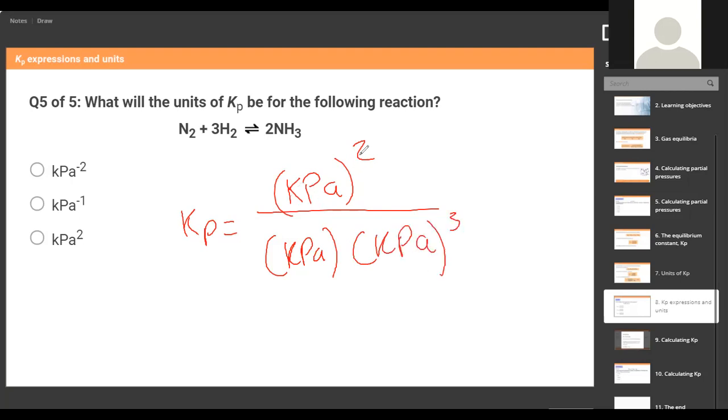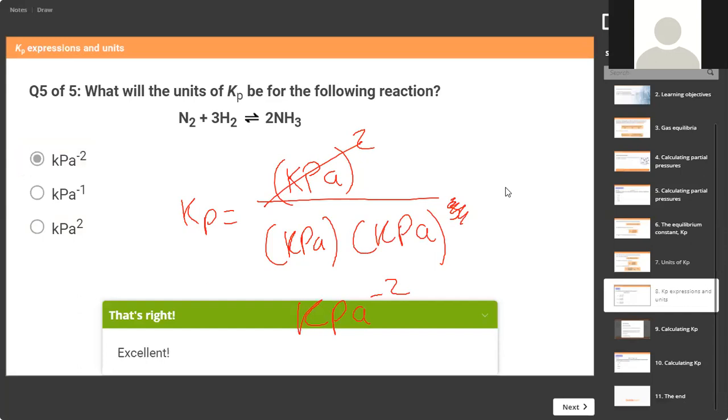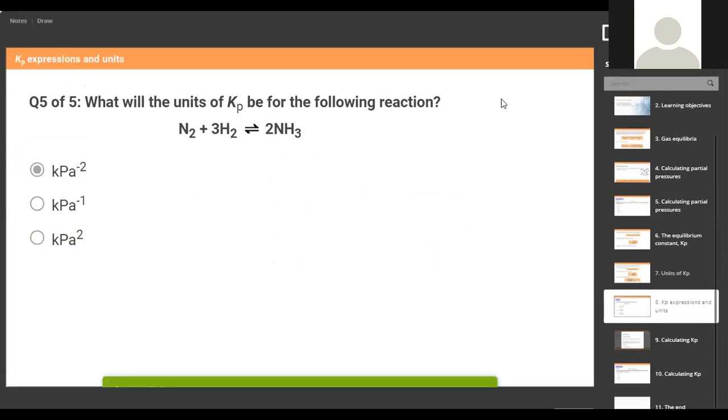Okay, so that can cross out with that, leave them there. So they would be kPa to the power of minus 2. On the bottom, we need to move them to the top. Okay, so that's how we calculate our units, how we put them into the equation.